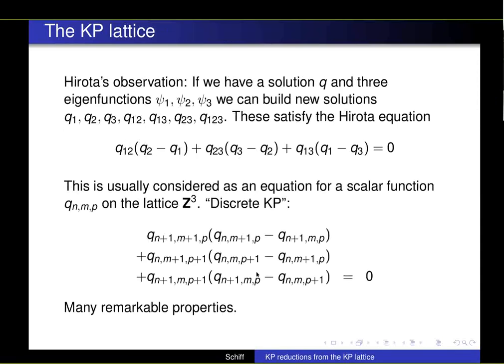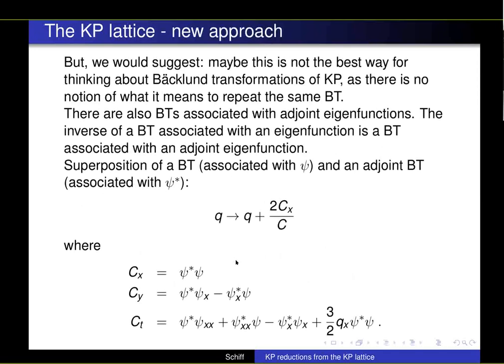Okay, so the standard KP lattice is this thing here, the Z-cubed lattice, where associated with each point on the lattice you have a solution. Now I'm going to get to my point, and I can use whatever time I have left to show you examples if needed. We want to suggest that this is maybe not the best way of thinking about Bäcklund transformations of KP.